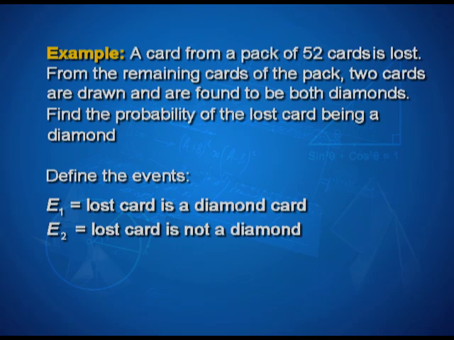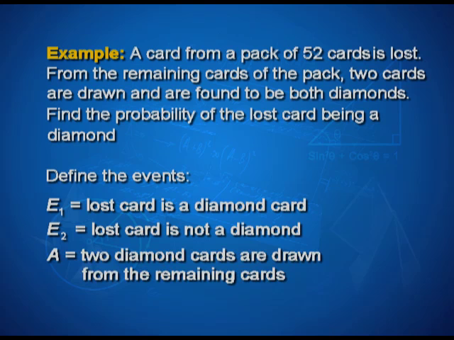So, I have E1, which is lost card is a diamond card, E2, lost card is not a diamond card. A, the event associated with all of them is 2 cards are drawn, and we need to find the probability that the lost card was a diamond, given that these 2 cards that are drawn are found to be both diamonds.